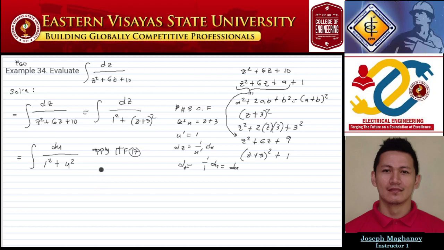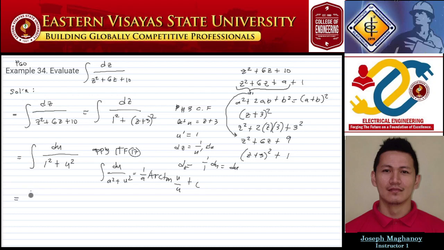What is our ITF number 17? That is du over a squared plus u squared is equal to 1 over a arctan u over a plus c. So we can apply our ITF number 17 formula.